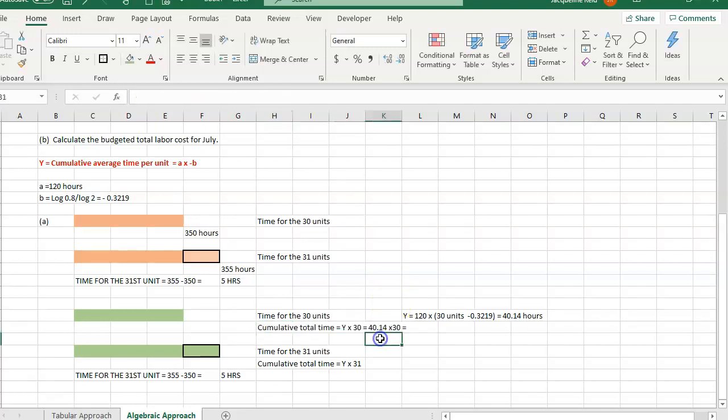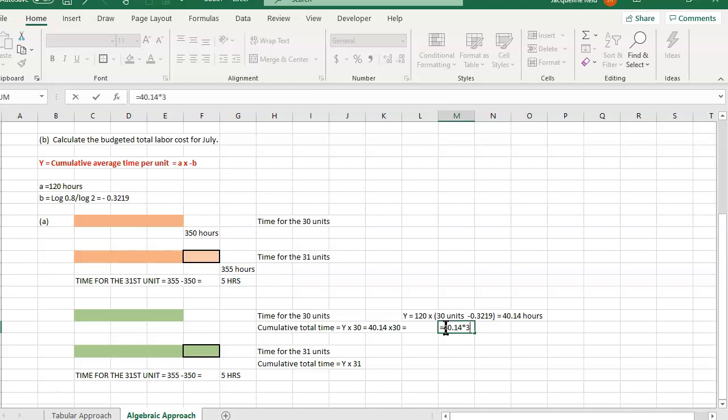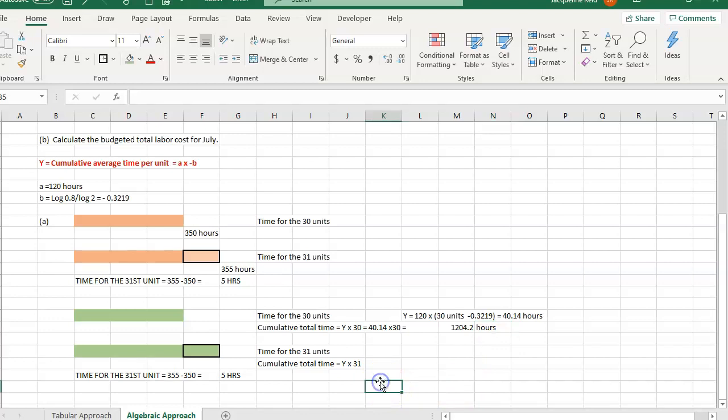Let's see how many hours we get from that. 40.14 times 30. So we get 1,204.2 hours.